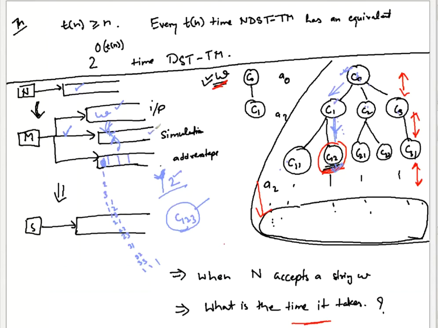So on the simulation tape, as soon as you get accept, you declare that my machine is accepting W. And whenever the non-deterministic machine is accepting, then only this machine is going to accept. Because you are exactly one by one going to each node in this process and checking whether any of these configurations are accepting or rejecting configurations.